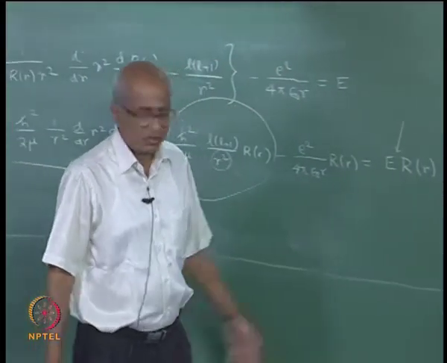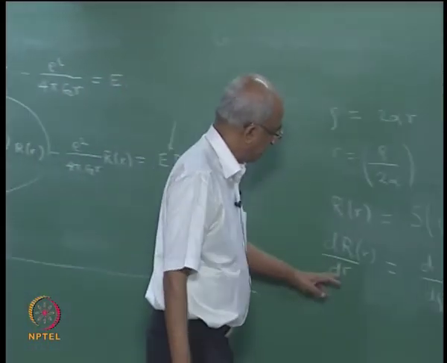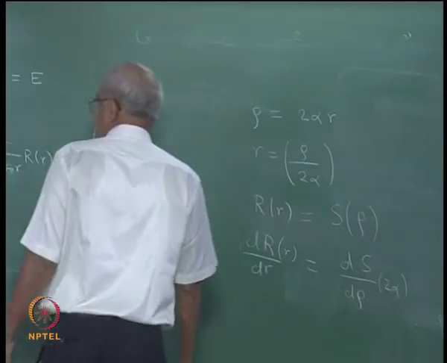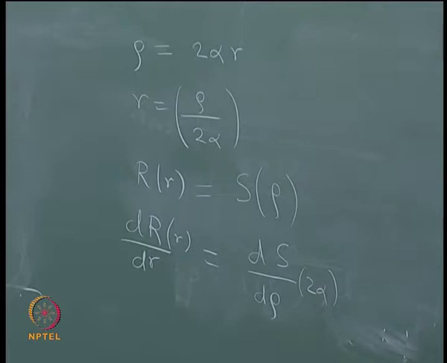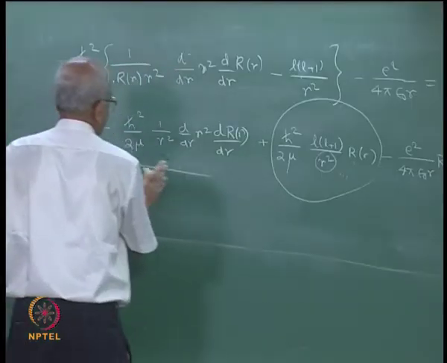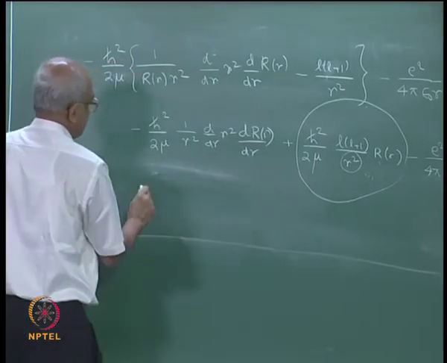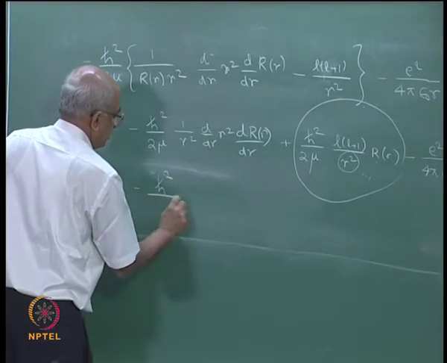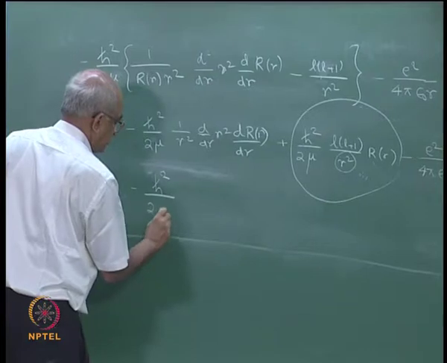Okay. So, d capital R by dr may be written as dS by d rho times 2 alpha, and so you can do exactly the same thing with all the terms here, and what would be the result? I hope I can just write the new set of terms, 2 mu.